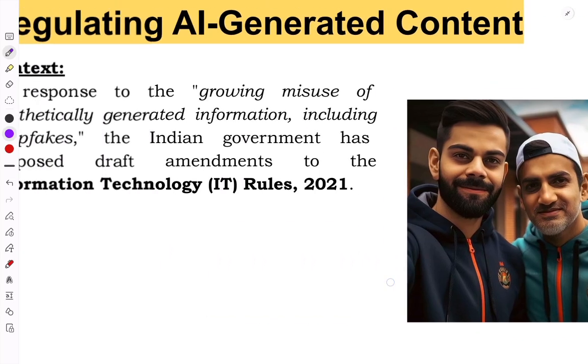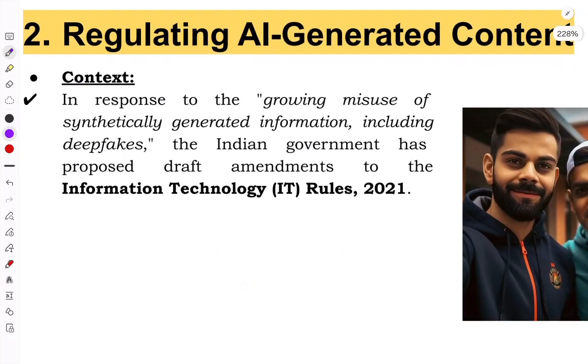To address such issues, the government has come to bring an amendment in the IT Rules 2021, so that we can address such issues with respect to artificial intelligence made content. So what are the key features of those regulations, that is what we are going to discuss in this particular article.